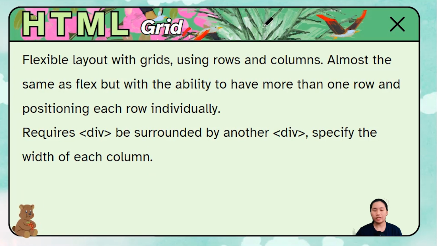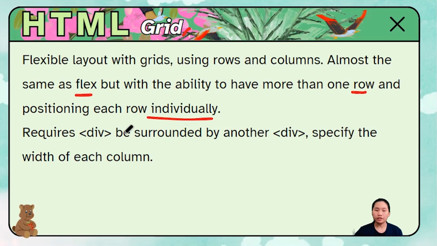Lastly, grid. Grid is another great method to design dynamic and flexible layouts with rows and columns. You can very much see it as designing using tables. It is very similar to flex, but it has the extra customization of allowing you to adjust and resize the row and the column, and you can position the row individually.